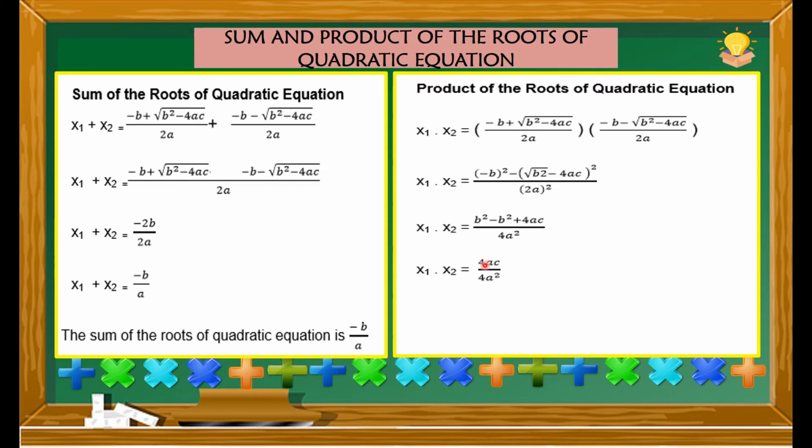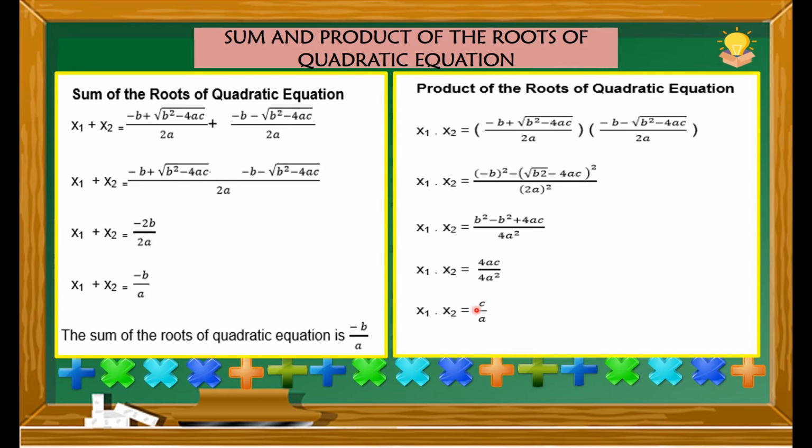And this 4 over 4 is equal to 1. Then a and a also can be cancelled. But remember, there is a squared in the denominator. Therefore, there is a remaining a in your denominator. And in your numerator is c. That's why you have c over a.